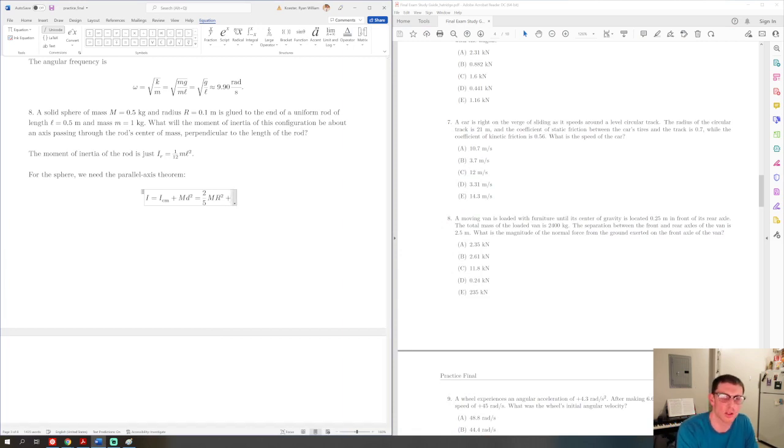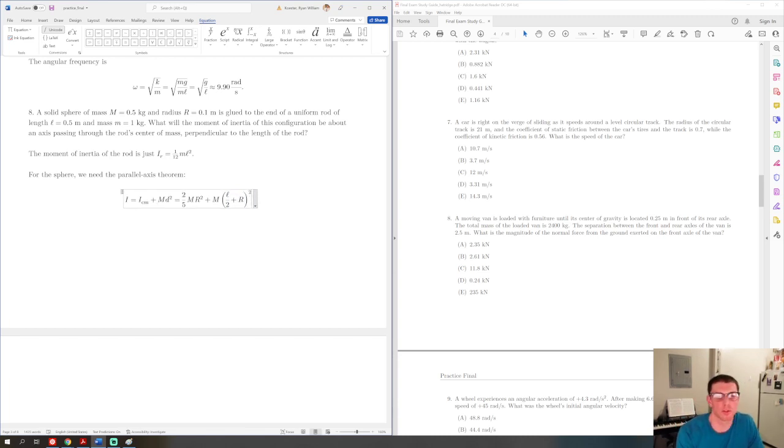And then we have to add the parallel axis term. Like I was just saying, this is the distance from the center of mass axis of rotation to the axis of rotation we're concerned with. In this case, it's going to be 1/2 the length of the rod plus the radius of the sphere, right?